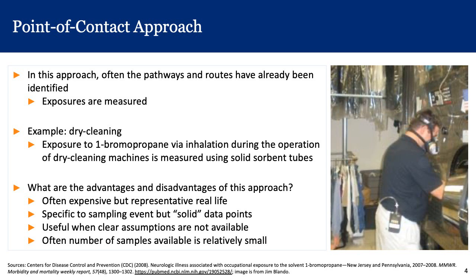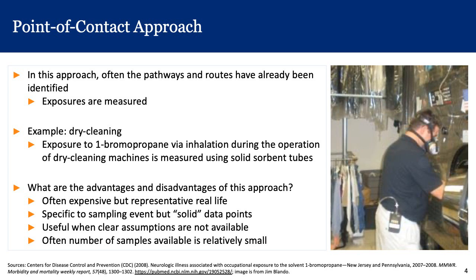Again, as we've already mentioned, it's useful when clear assumptions are not available. Typically, one of the disadvantages, because of the expense and resources involved, oftentimes with point of contact measurements, you're somewhat limited in the number of samples that you are able to collect. And consequently, fewer samples could potentially mean fewer or lower representativeness of real life situations.